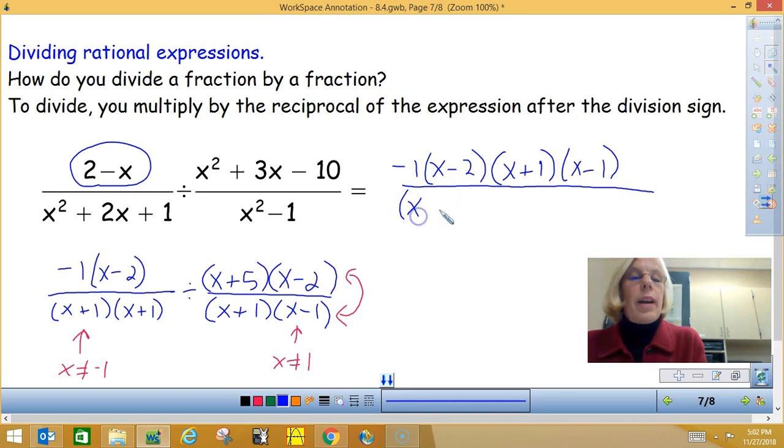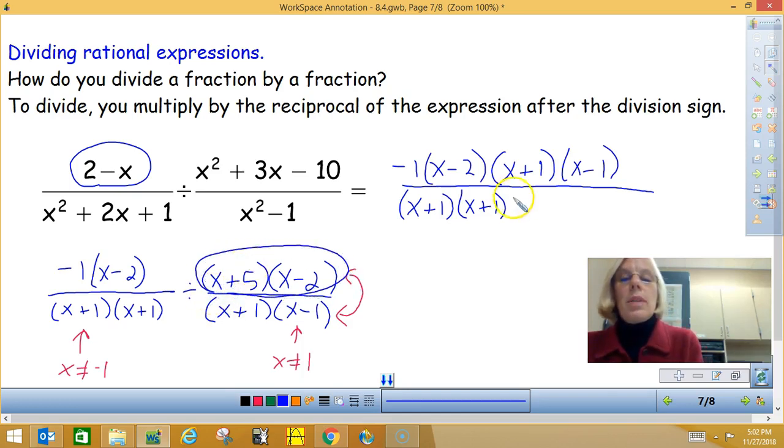Then in the denominator I have my x plus 1 quantity squared. I'll keep that expanded. And the x plus 5, x minus 2 comes to the denominator.